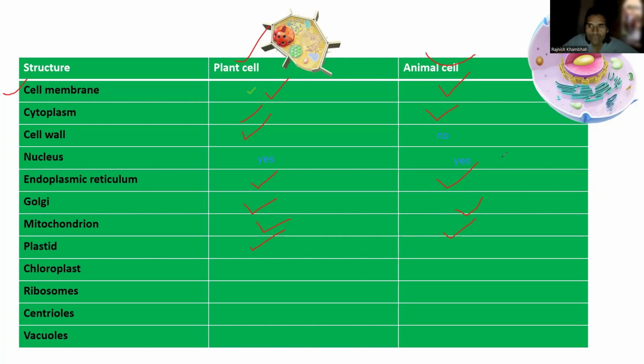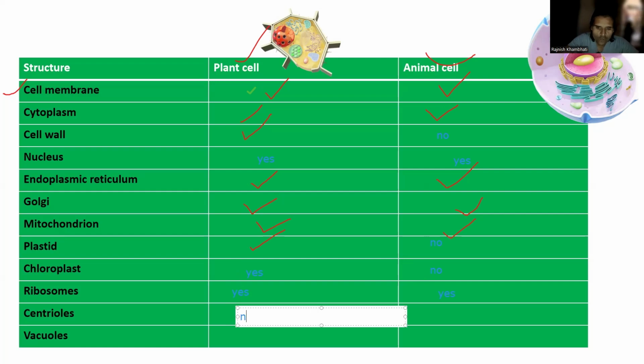So here, let me write no for you so that there is no confusion. Then chloroplast. Again, animal cells do not have the chloroplast, but plant cells have the chloroplast. Then ribosome. Yes, both cells have ribosomes.